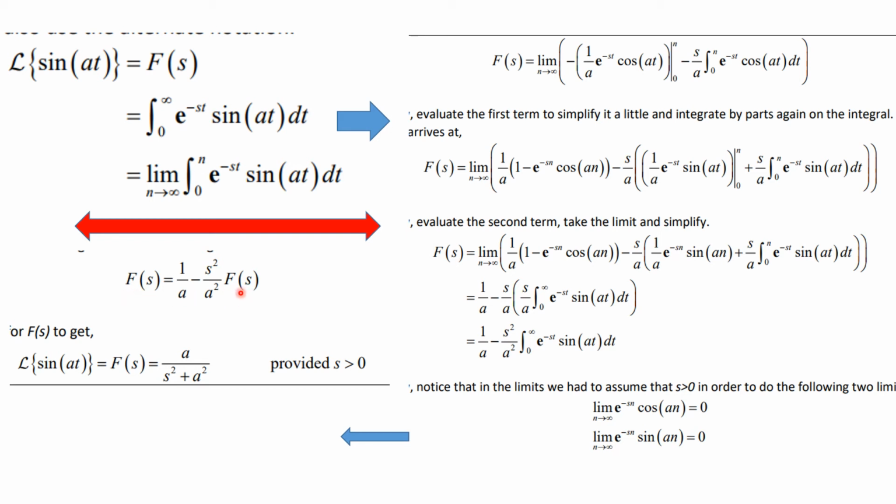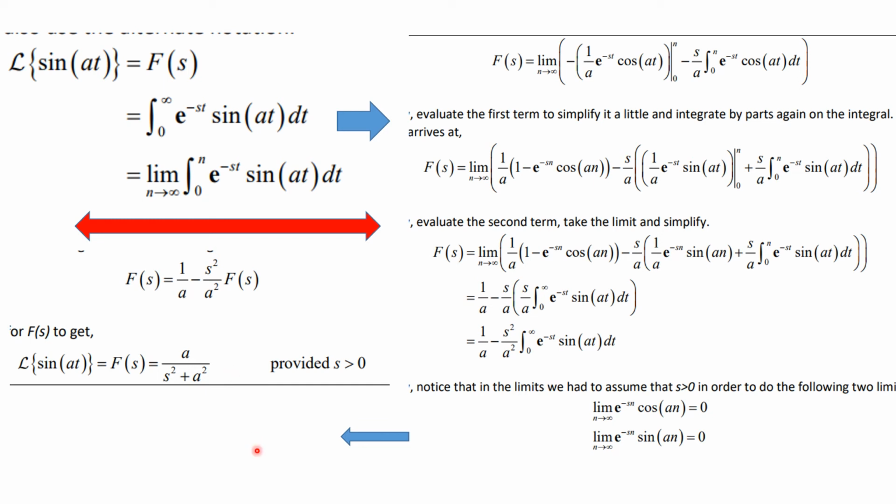And you should do this step yourself. But if we solve for f of s here, what we'll get is that f of s is equal to a over s squared plus a squared, provided s was bigger than 0, and we needed that, so we had convergence up here. So you see we have computed this again, so that's good work.